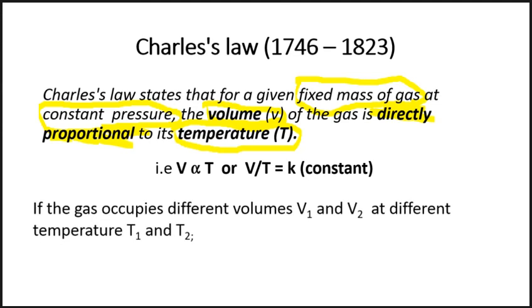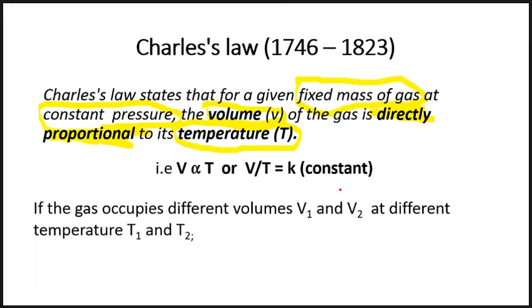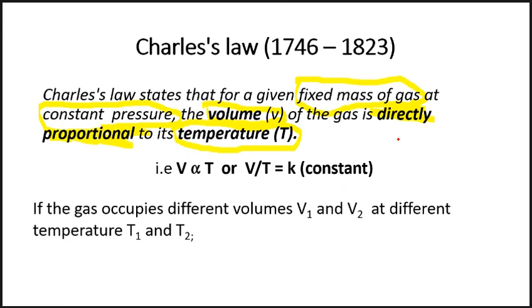If I'm considering different volumes at different temperatures, as far as the pressure still remains constant and the mass of the gas is still fixed, then the expression is going to be this: V1, which is the initial volume, all over T1, which is the initial temperature, equal to K, which is the constant.